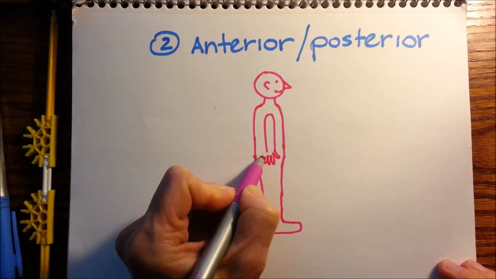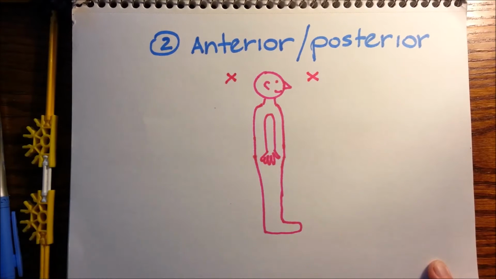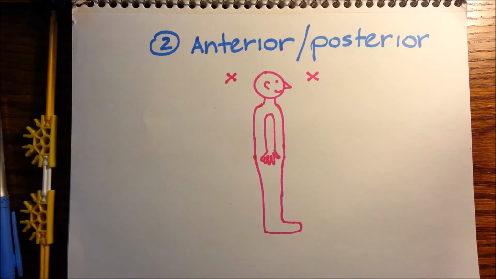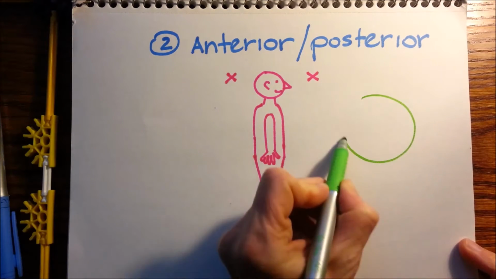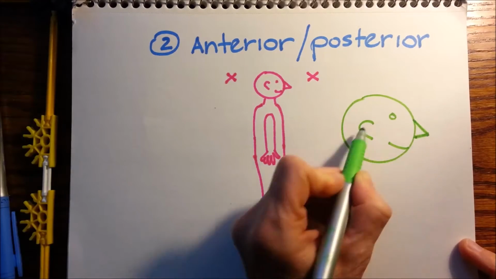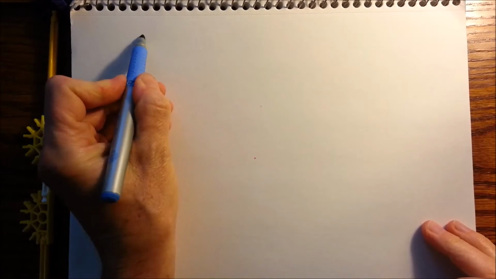For instance, the spine is posterior to the heart. On the face, for example, the ear is posterior to the nose and the eye is anterior to the ear.